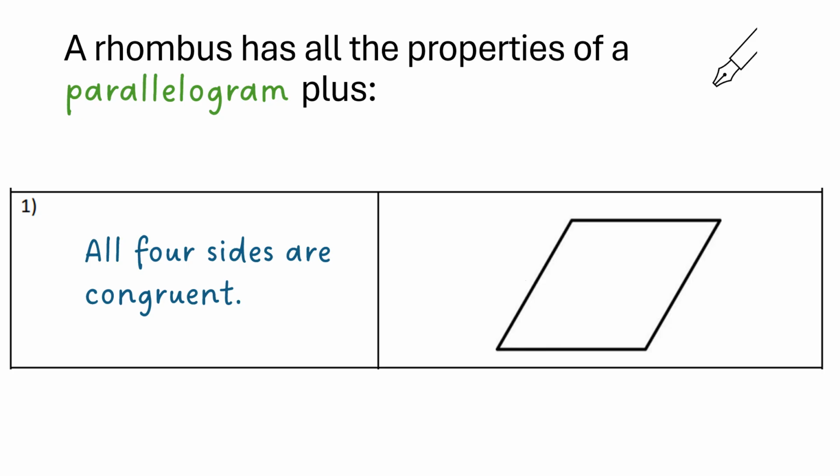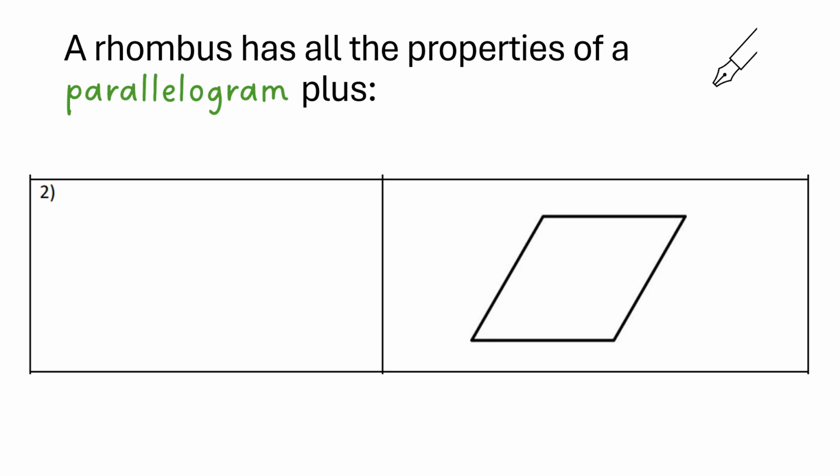So if we mark up our diagram, we know that the opposite sides are congruent because all parallelograms have opposite sides that are congruent, but for a rhombus, all 4 of the sides are congruent. The second property of a rhombus is that the diagonals of a rhombus are perpendicular, like a kite.